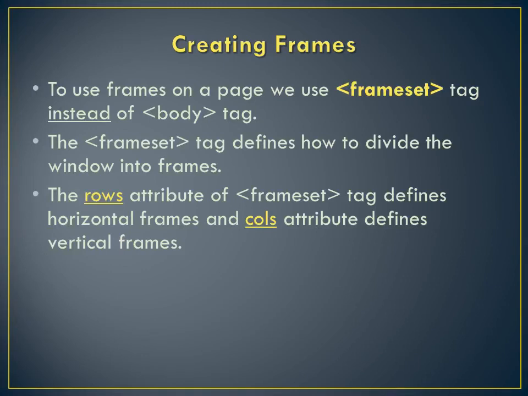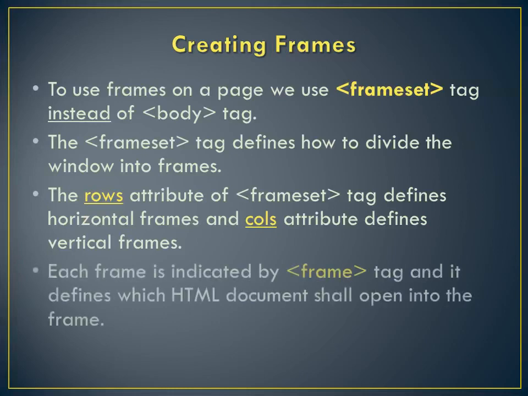The rows attribute of a frameset tag defines horizontal frames, and the cols or column attribute defines vertical frames. Each frame is indicated by the frame tag, and it defines which HTML document shall open into that frame.